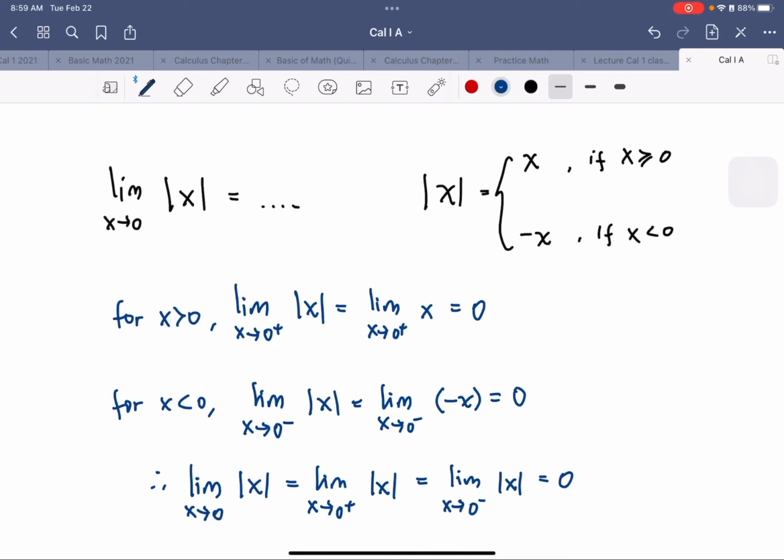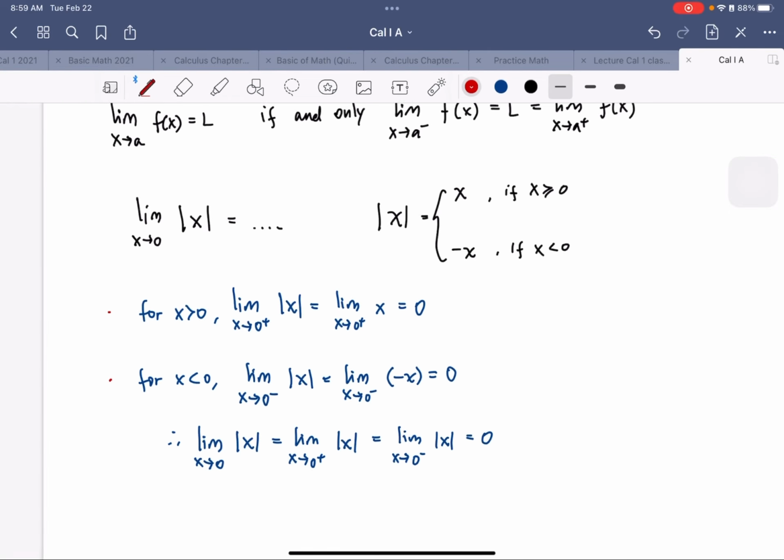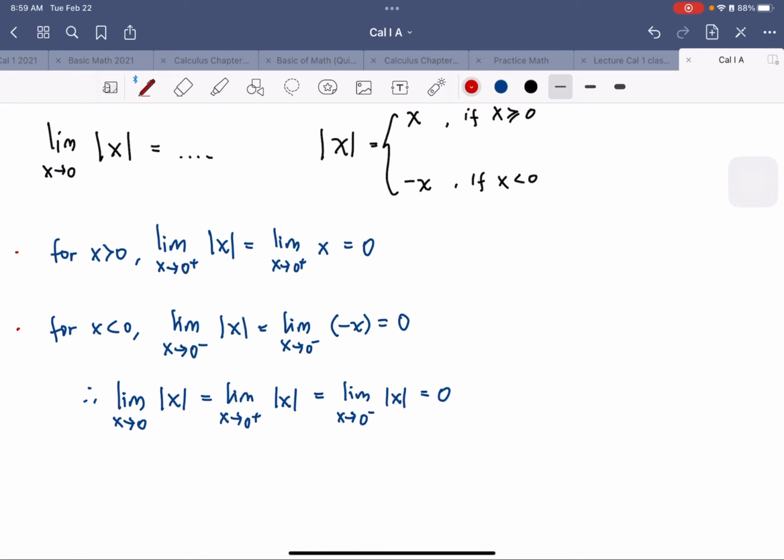It's fine because you already showed that the right-hand limit and left-hand limit are the same.